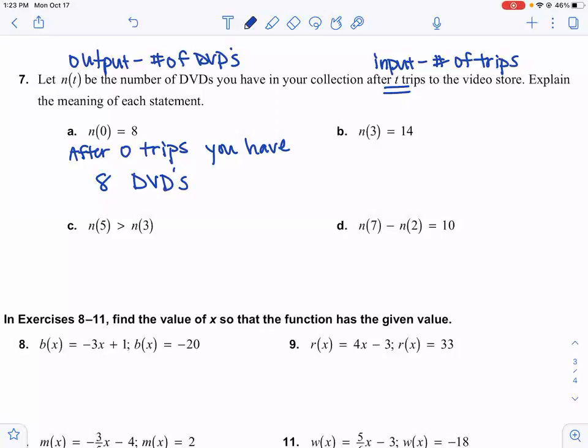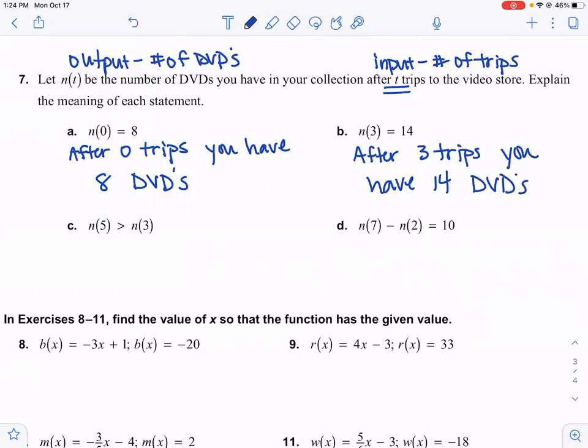Okay. So now let's talk about N of 3 equals 14. Nirvan, what would that mean? After 3 trips, you have 14 DVDs. Now this part C says N of 5 is bigger than N of 3.